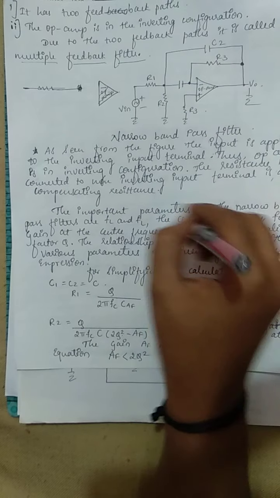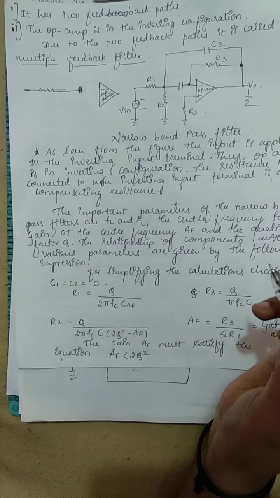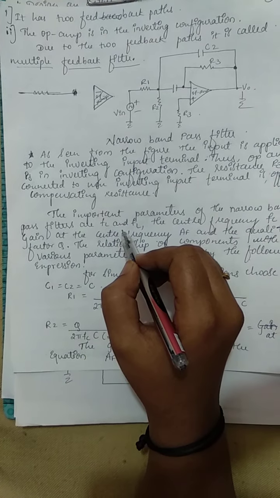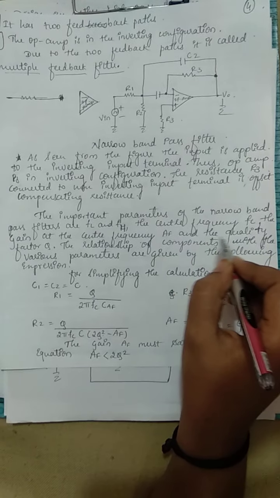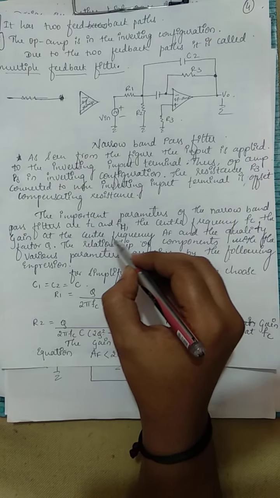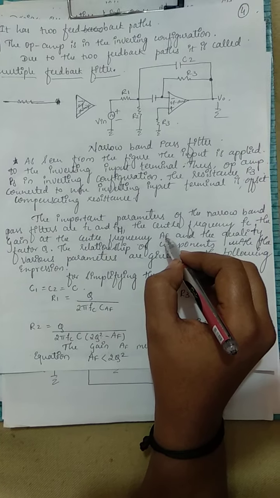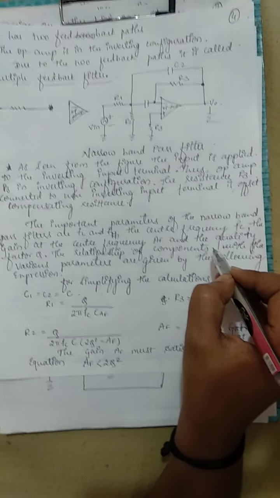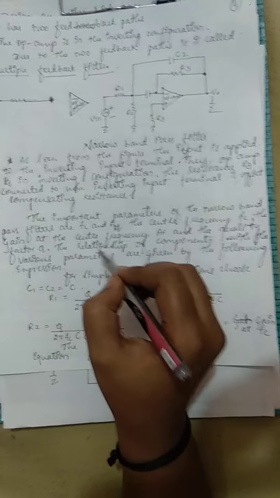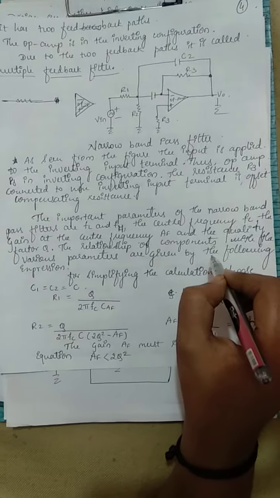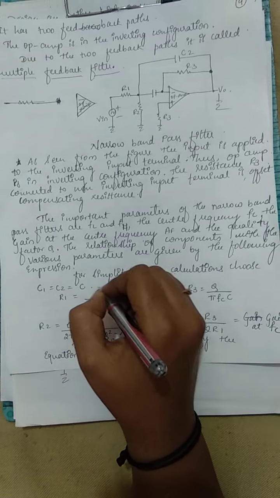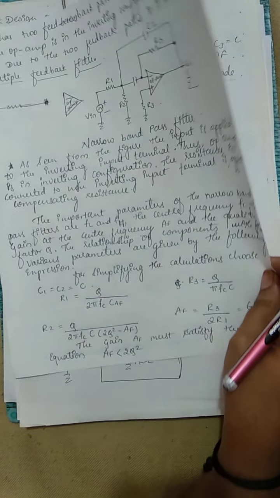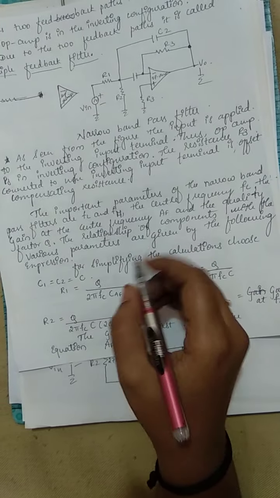The important parameters of the narrow band pass filter are the lower cutoff frequency, the higher cutoff frequency, the center frequency FC, the gain AF, and the quality factor Q. The relationships of the components with these parameters are given by the following expressions.